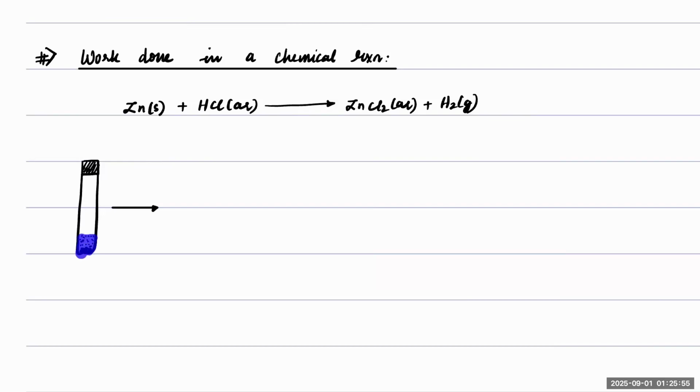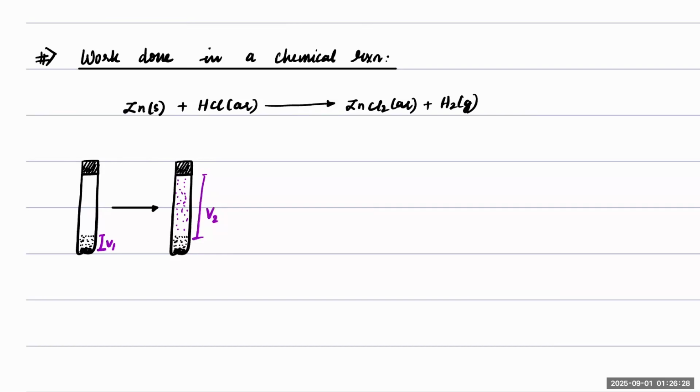But as soon as the reaction takes place, the entire test tube will start covering up by hydrogen gas. So originally, if this was the volume V1, now the entire volume got increased, from here to here, this will be V2, isn't it?